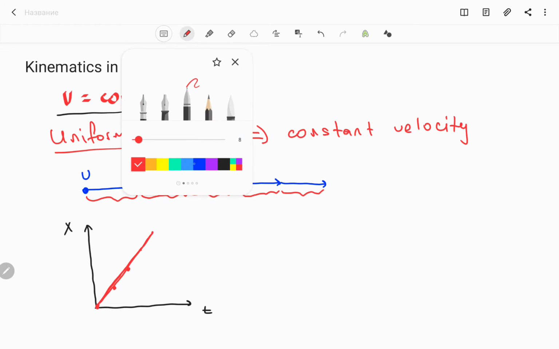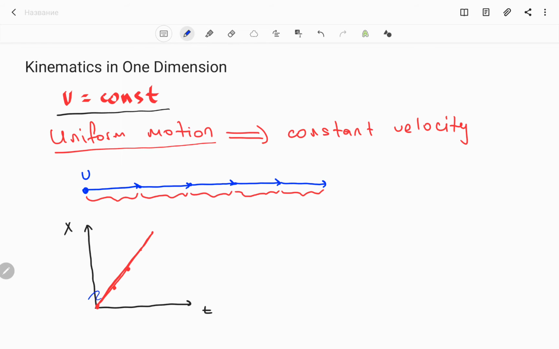So now let's study this graph, for example. What we can see: initially position was 0, then position is positively increasing. It means velocity for this graph is positive. What does positive mean?